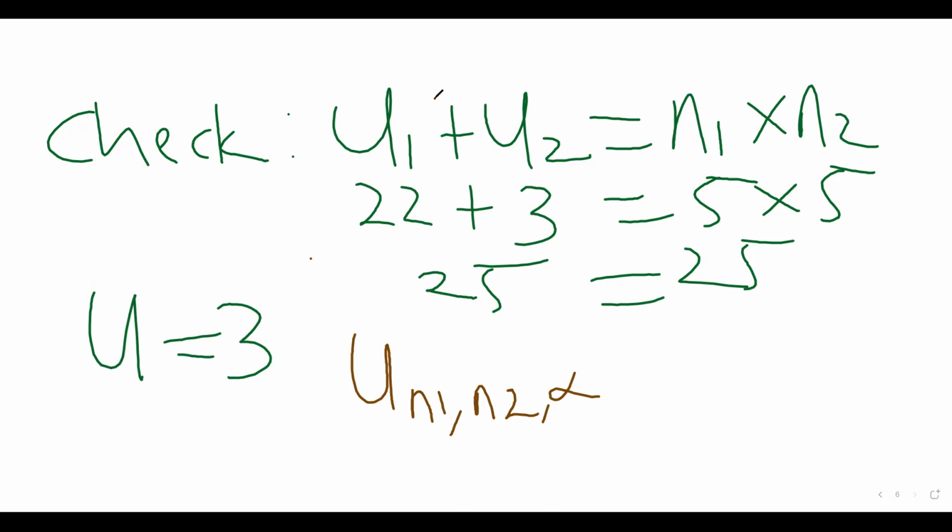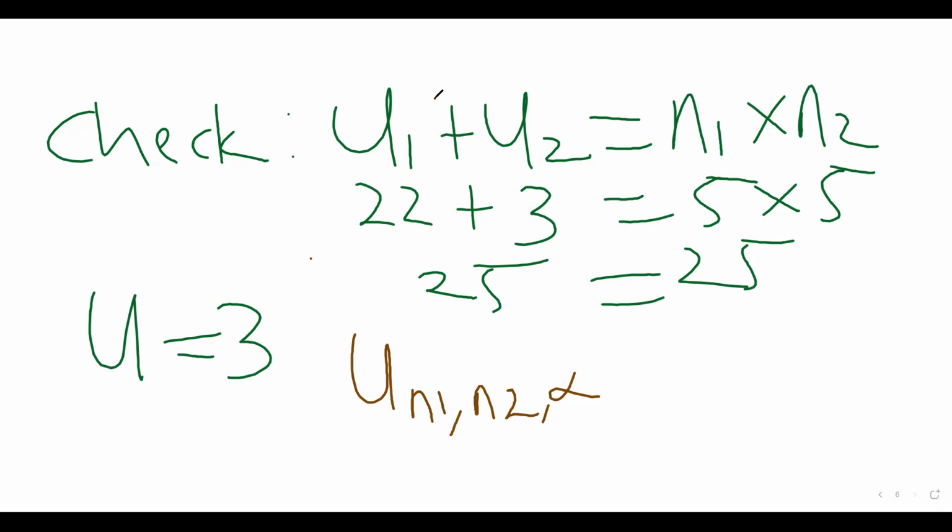So you find that value. This is a critical value, which means that we have to find it on the table. So there should be some Mann-Whitney U table.